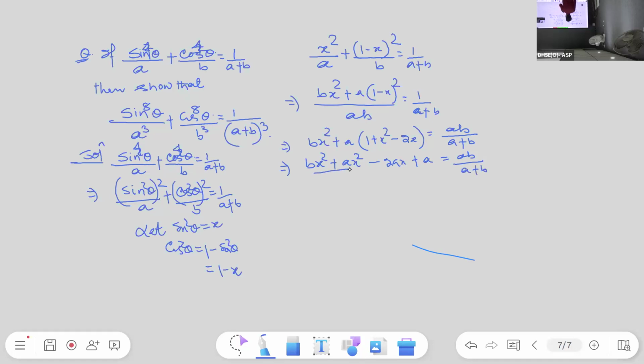Take this to the other side and add. What do we get? (a plus b) into x square minus 2ax plus a minus ab upon a plus b is equal to 0.